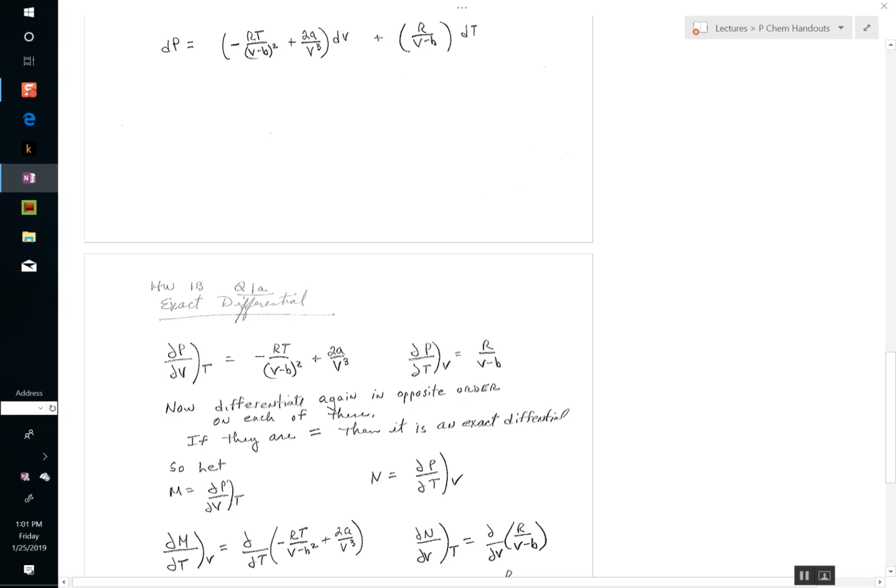What's the significance of a differential being exact or not? Well, state functions will give exact differentials. So this is basically a basis for saying we've got a path independent property here, because it will lead to an exact differential.